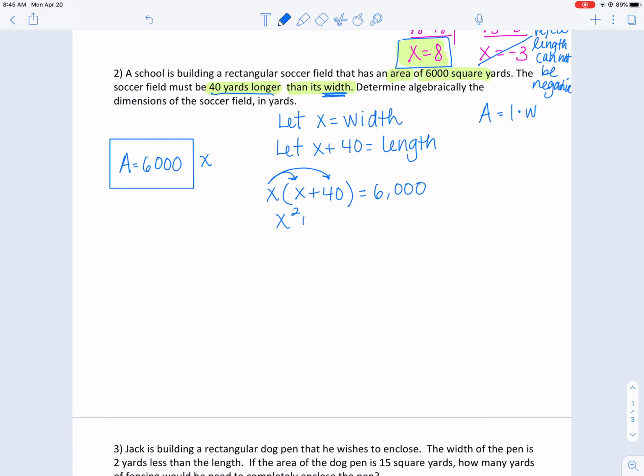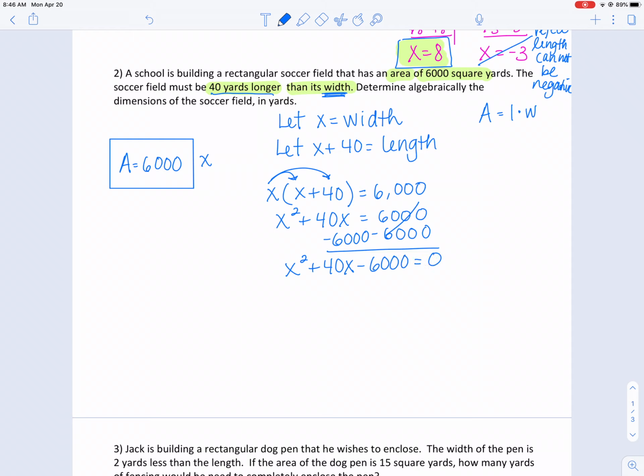I get x squared plus 40x. Don't forget that 40x equals 6,000. And we don't want that 6,000 there. I'm going to subtract that from the other side, and you have this crazy number. You have x squared plus 40x minus 6,000 equals 0.